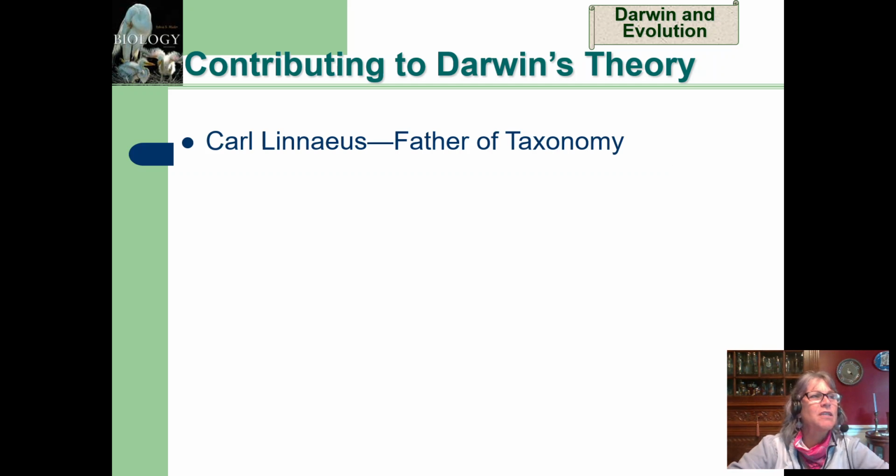So some of the people that helped contribute to Darwin's theory, who had other hypotheses that they tested, who looked at other questions that were related to this broader theory. Carl Linnaeus, who's considered the father of taxonomy, he's the one who initially said, hey, I'm going to catalog every living thing.